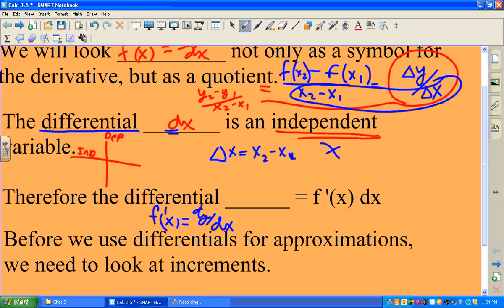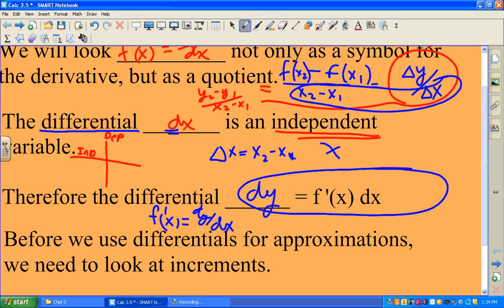So that means if I multiply both sides by dx, I will have dy equaling f prime of x times the differential of x. That's huge.